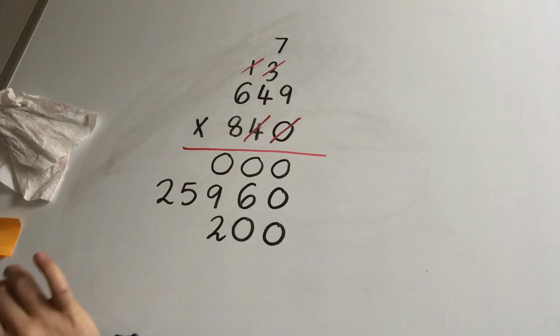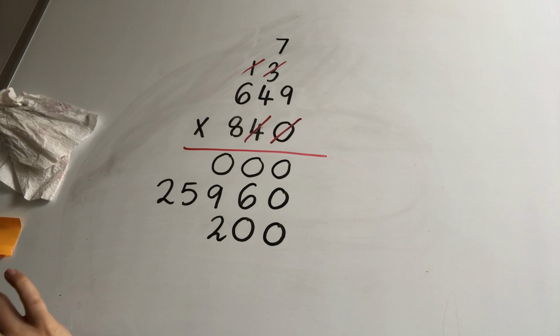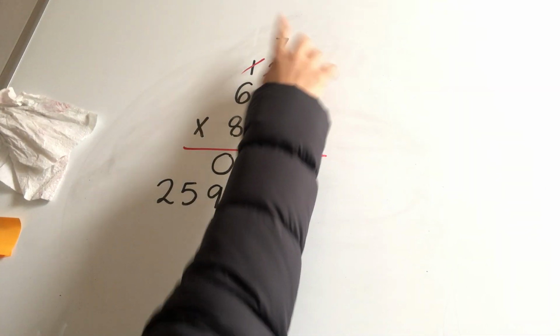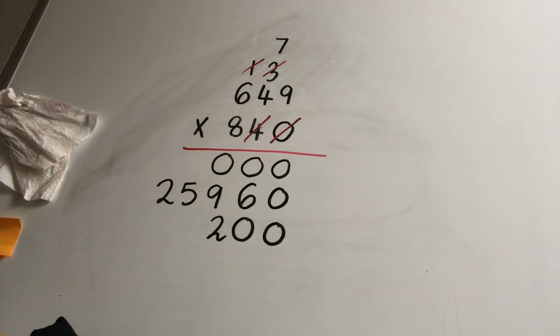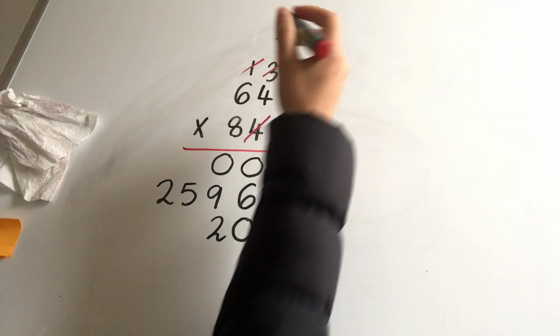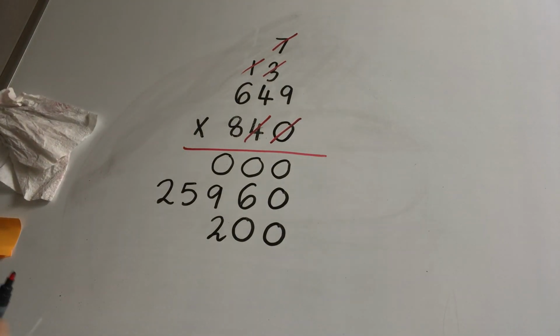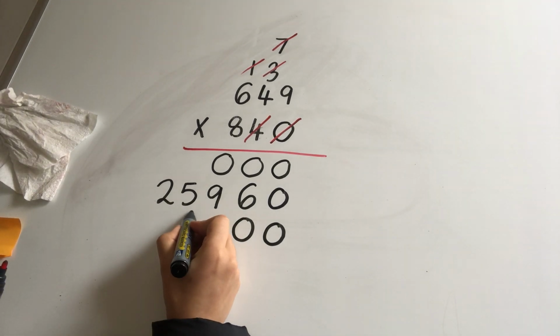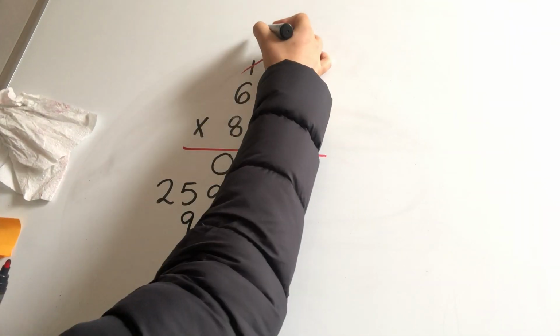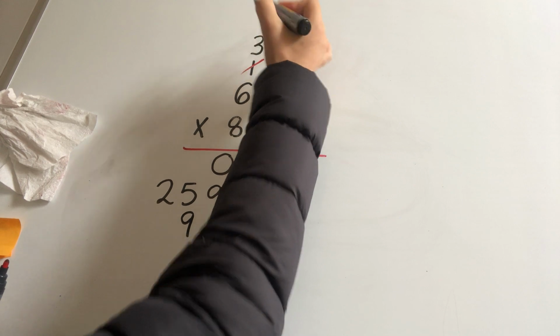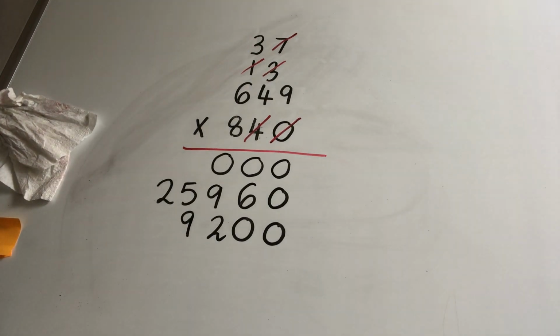8 multiplied by 4 is 32. We must add our 7 to our answer. So 32 add 7 is 39. So I'm going to cross that out and we need to rename, put our 9 down and we carry our 3.